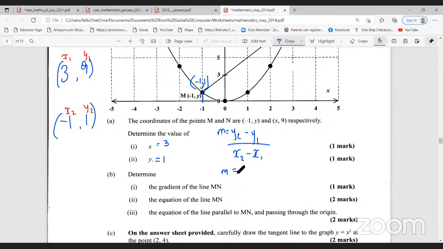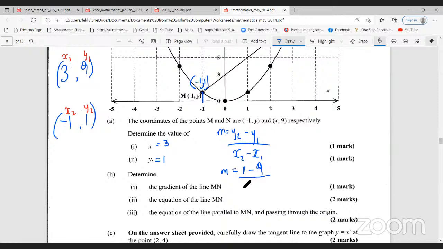M equals minus 1 minus 9. Oh yeah, I was looking at the wrong thing, miss. I was looking at negative 1, 1 minus 9 and then x2.